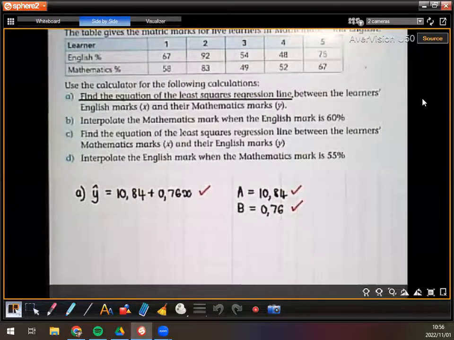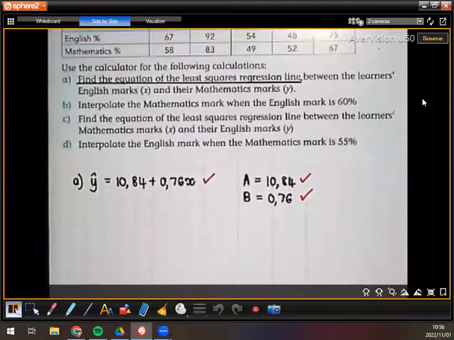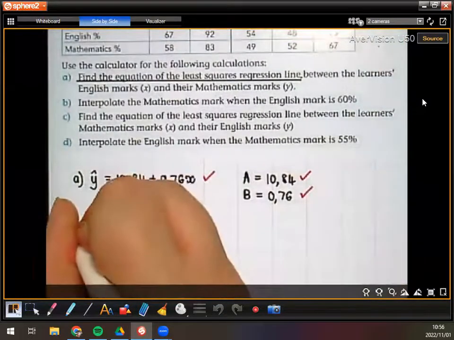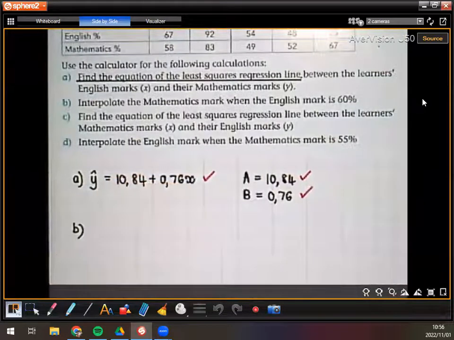All right. Now for B, I want you to write that question down, please. Interpolate the maths mark when the English mark is 60%. I'm going to show you 2 methods in which you can do this, and you can choose whichever method you prefer.